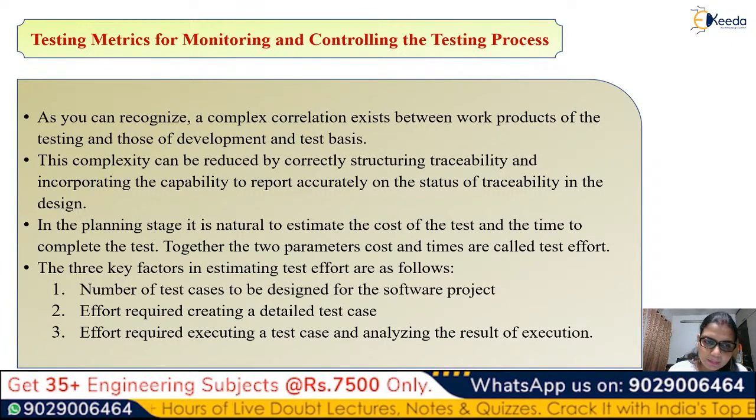So what we did in the planning stage, in the planning stage, it is natural to estimate the cost of the test. Suppose I budgeted my cost, that my expenses should be till 1 lakh.